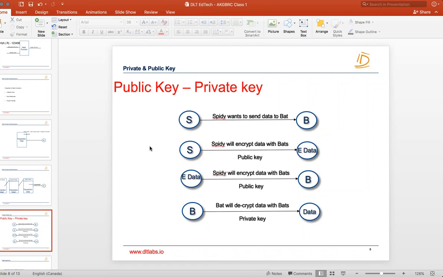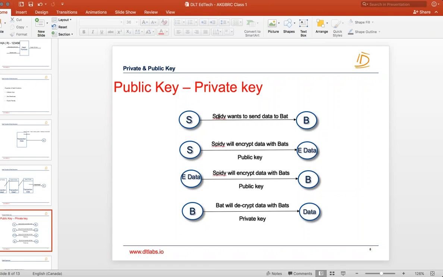Okay, if that is clear, I'll go on to how exactly public and private keys work. Here, in the example, I've taken two heroes, Spider-Man and Batman, right? Suppose Spidey wants to send some data to Bat.